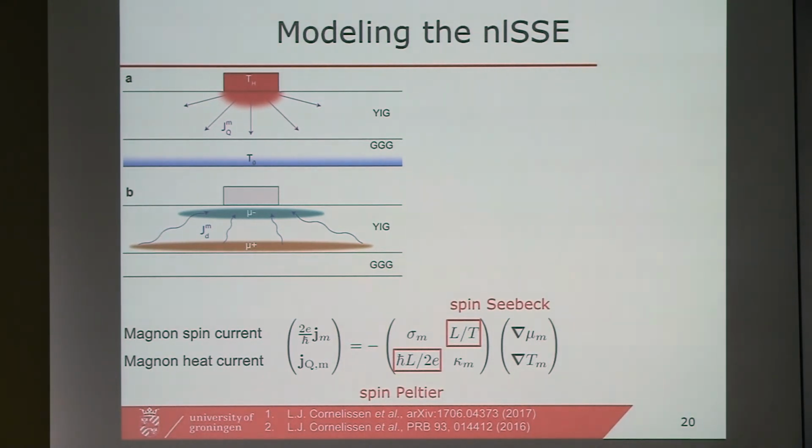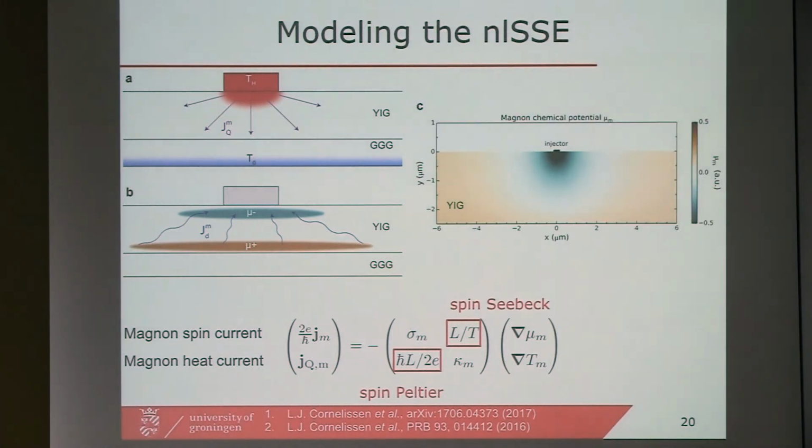And in fact, if we solve these equations in our finite element model, then we get a picture like this. So here, this is again the side view of the device. Now we have a reasonably thick YIG film, such that we can actually see the effect very clearly. So this is 2.5 microns, and this is the X position basically. Here you see the injector.